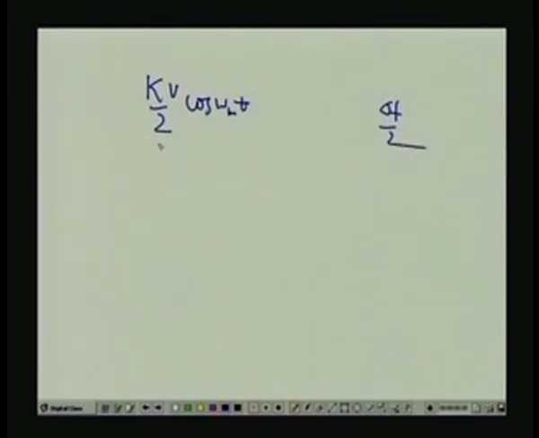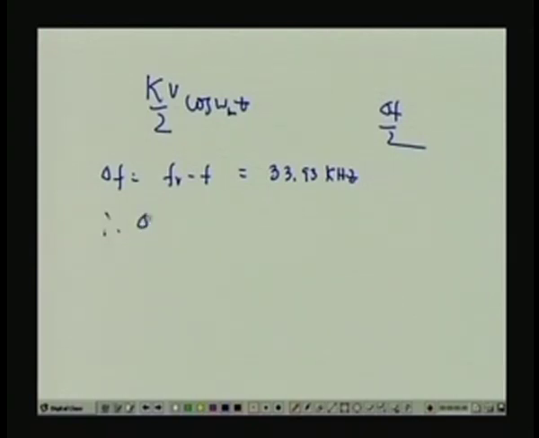Now, the cutoff frequency of this low pass filter must be greater than that of delta f by 2. So, what is delta f? Delta f we have seen, Fr minus Fi, is actually coming as 33.93 kilohertz.